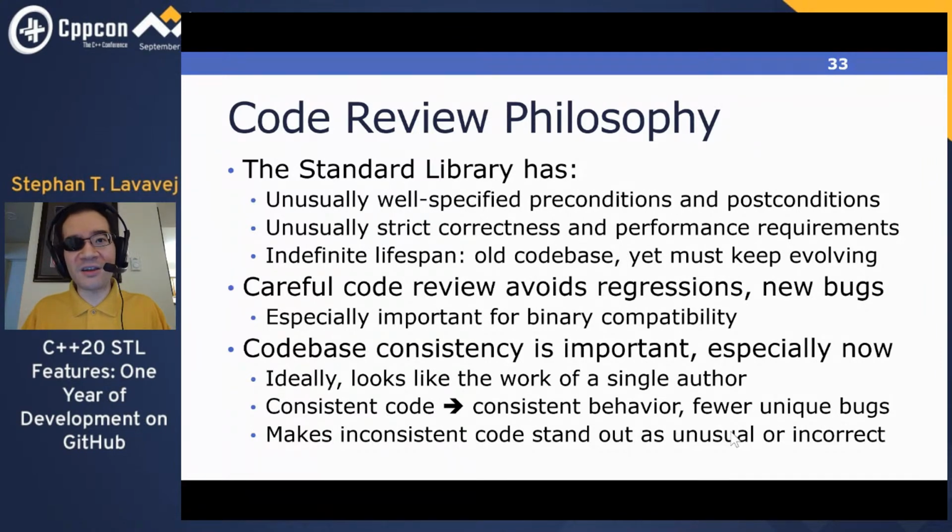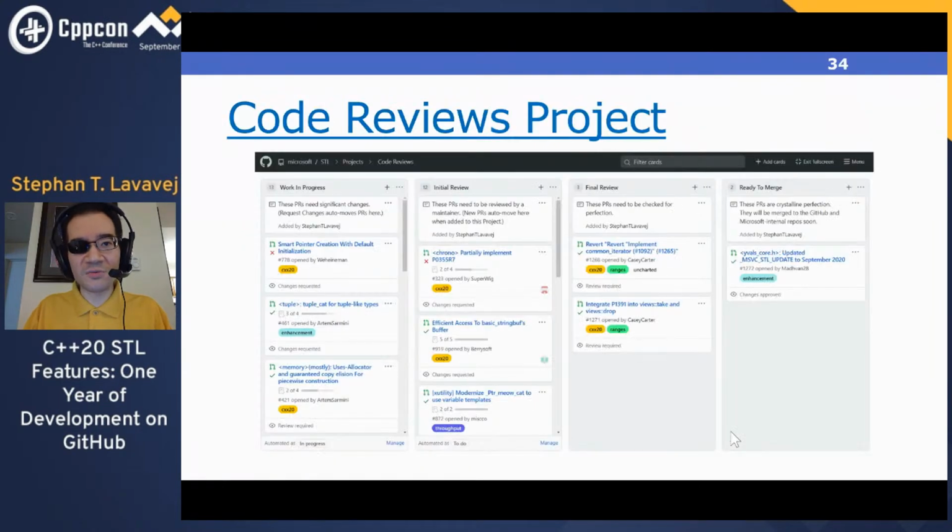Do I correctly handle that? And if you follow existing code in Vector or any of the other containers that all looks generally the same, your new code will end up doing the right thing. And if you have to do something unusual, it will stand out during code reviews. Oh, okay, this is tricky. I need something that's a little bit different than the usual.